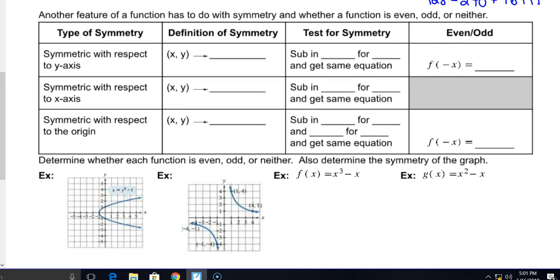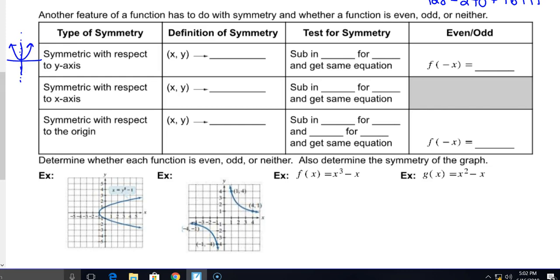Okay, now this part we're going to ease into some symmetry, and symmetry is kind of like a mirror. If you have something that's symmetric like a parabola, remember f of x equals x squared, if I fold along this y-axis, that's my mirror, and things match up. This matches over here.